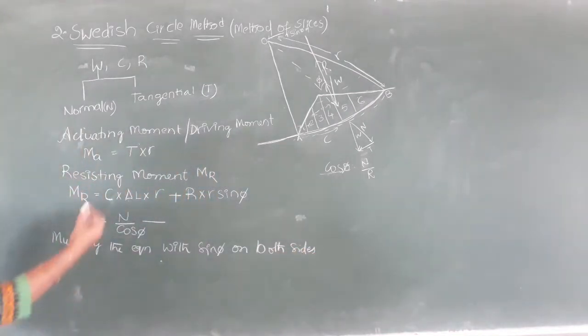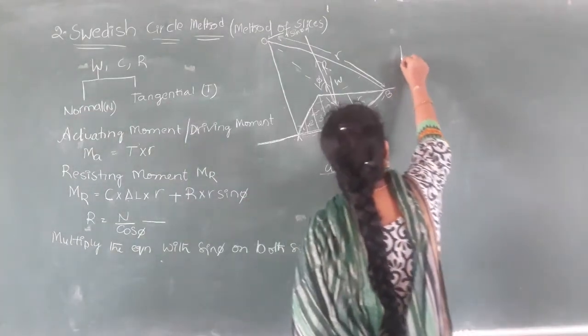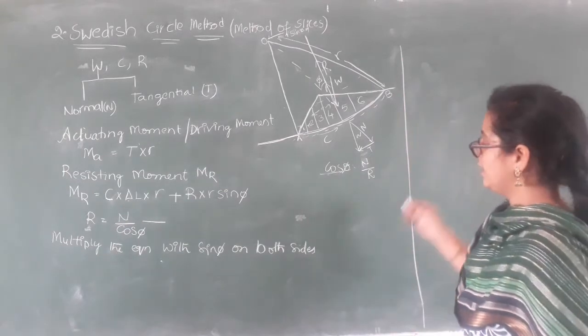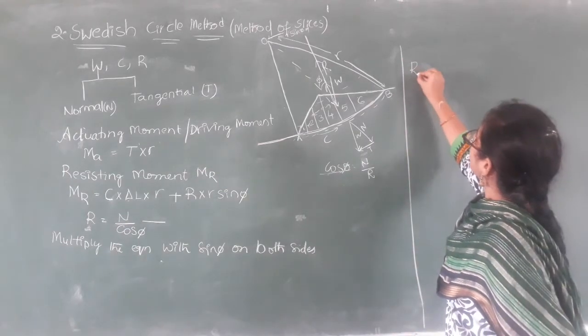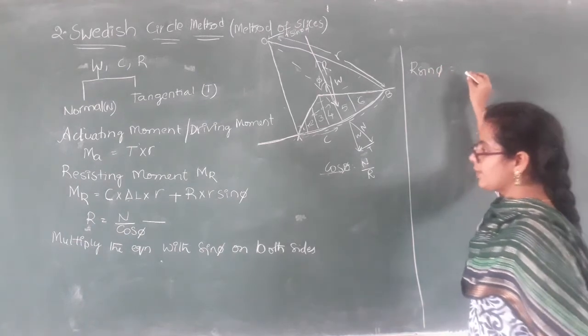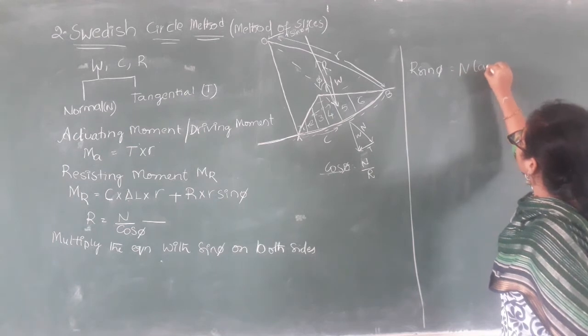So what will you get? R sin phi is equal to N tan phi.